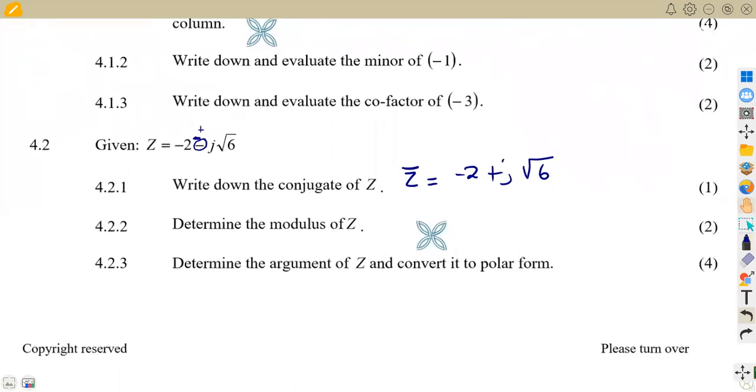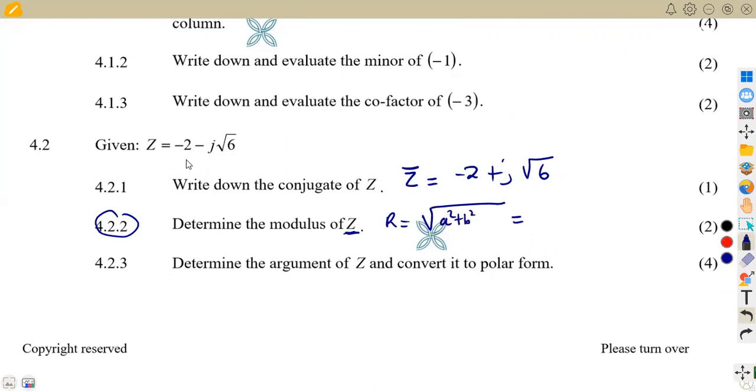Then on 4.22, we are now asked to determine the modulus of Z. Take note, not Z bar, the conjugate, no. Of Z, we are back to the normal Z, the one that we are given here. So what is the modulus? We know that the modulus is the resultant of the two. So the modulus of Z is the square root of A squared plus B squared.